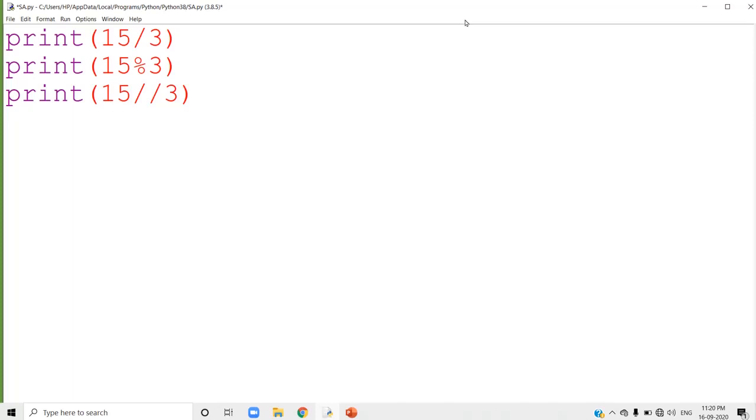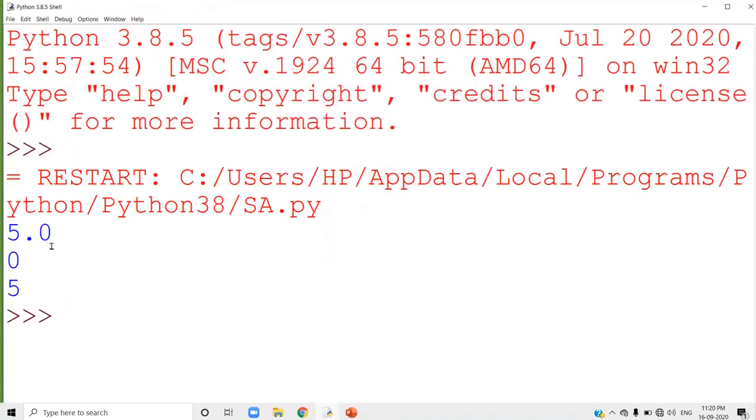That means you will get the answer 5. Is it the answers? Check. After finding each case manually, you run the program and check whether your answer is correct or wrong. See, the first answer is 5.0, the second is remainder 0, and the third one is 5.